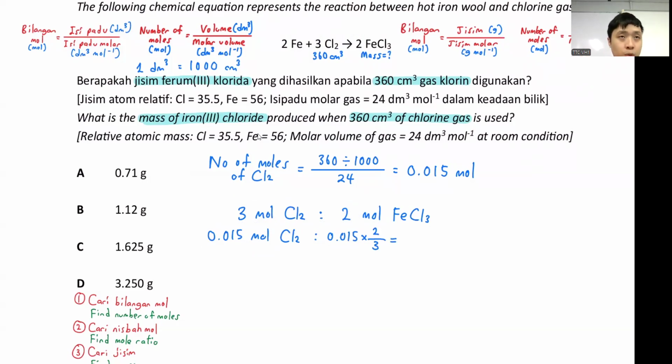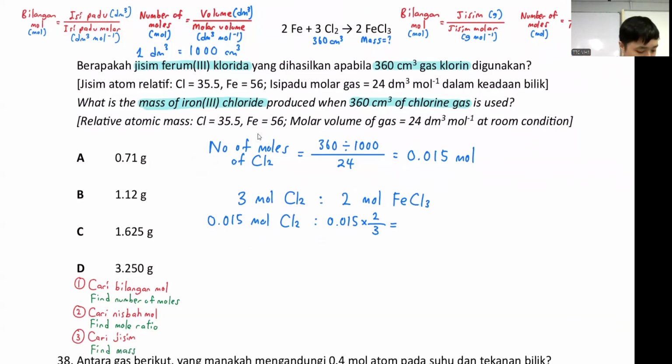So you will get 0.01 mole. It means multiply the thing that you want, divide the thing that you don't want.